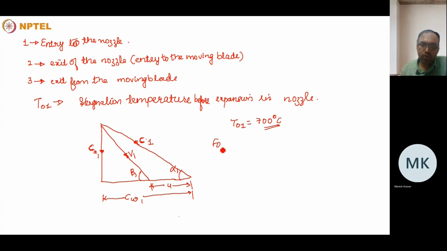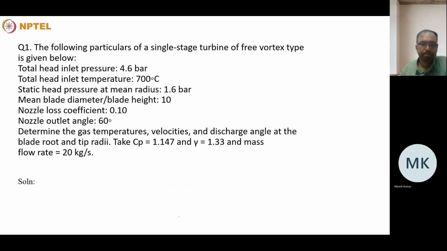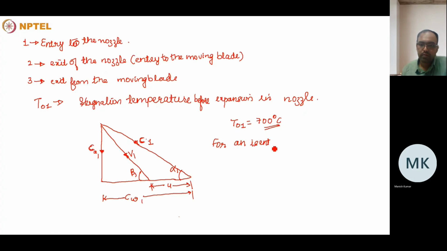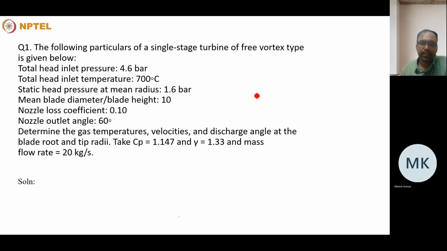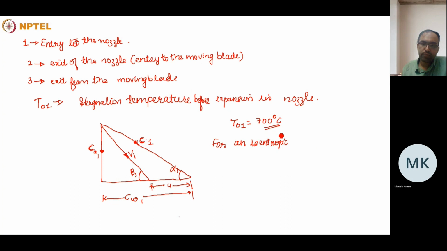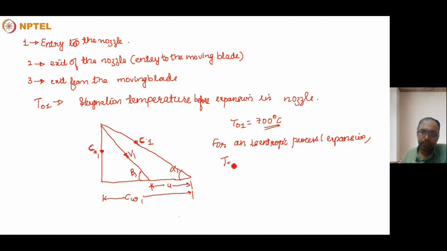For an isentropic process, since it's a single stage turbine, for an isentropic expansion, we can relate the isentropic temperatures as well as the pressures using the equation for the isentropic process.